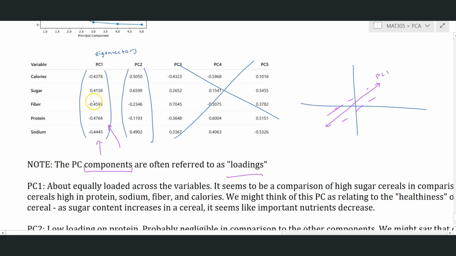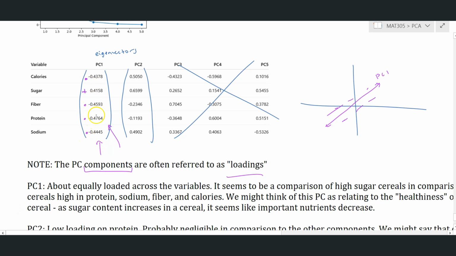And so what I want to focus on is a comparison. There's a contrast happening here. Notice that calories, fiber, protein, and sodium are all about equally negatively loaded, whereas sugar is positively loaded. So all that means is that we're looking at a direction that contrasts cereals with high calories, fiber, protein, and sodium.